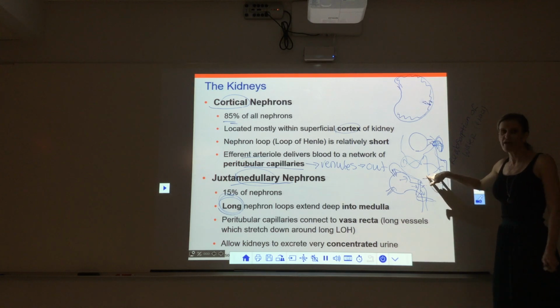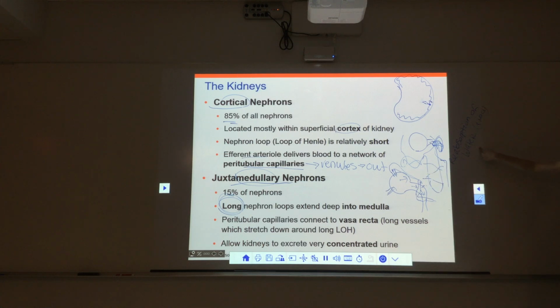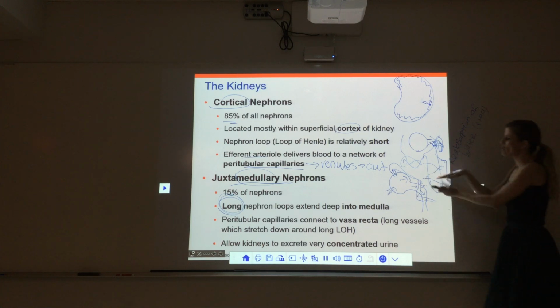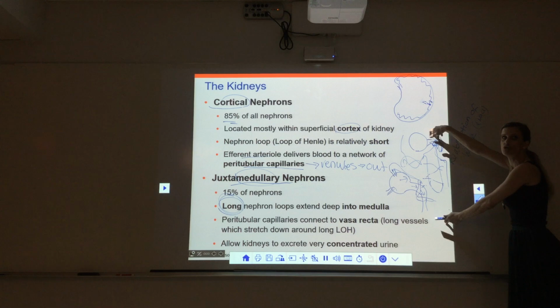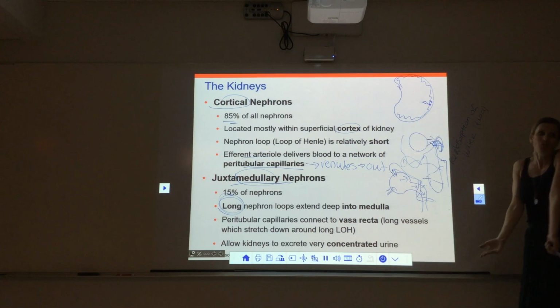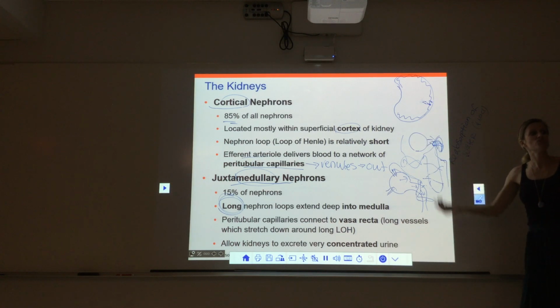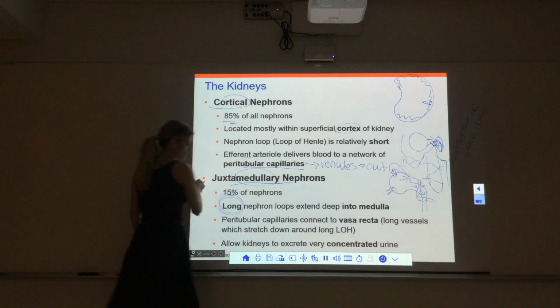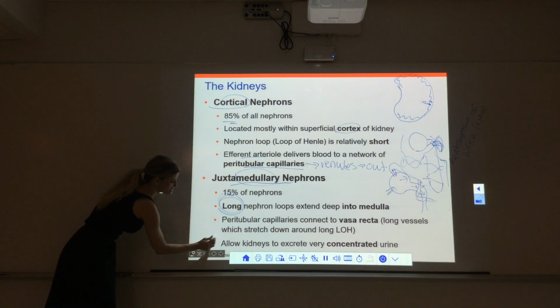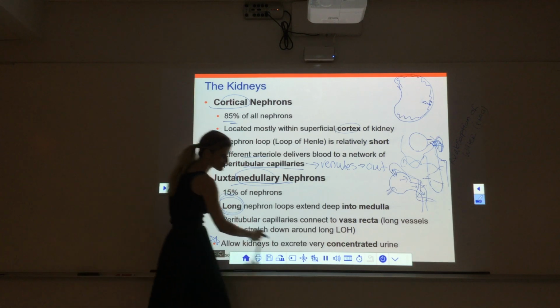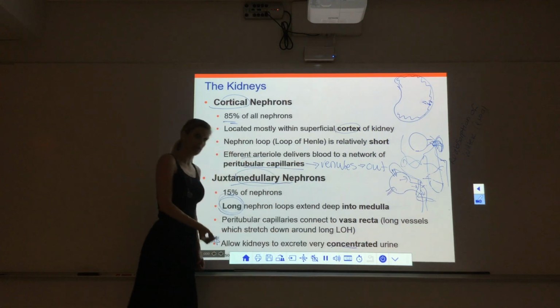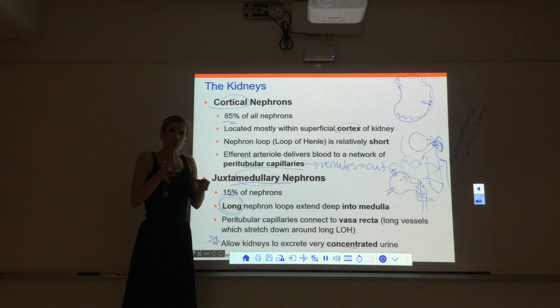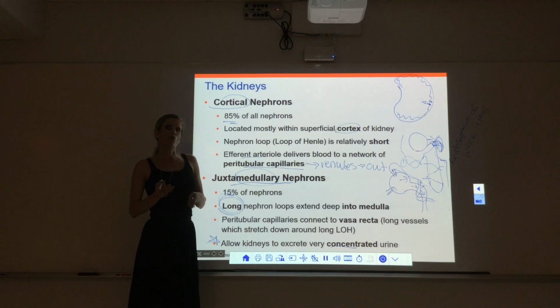What did we say the loop of Henle is important for? Reabsorbing water. So if you have a longer loop of Henle, what do you think you do more of? Reabsorbing water. Okay, so you reabsorb more water when you shift to the juxtamedullary nephrons. Okay, so this means that the kidneys are able to excrete very concentrated urine. Okay, so really concentrated, you can get rid of lots of wastes without getting rid of lots of water.